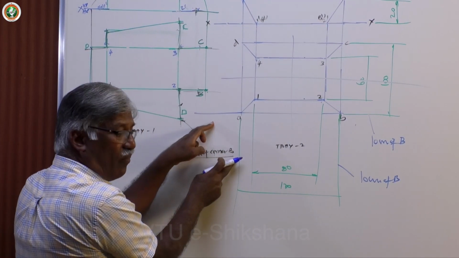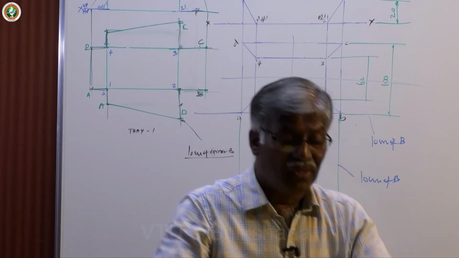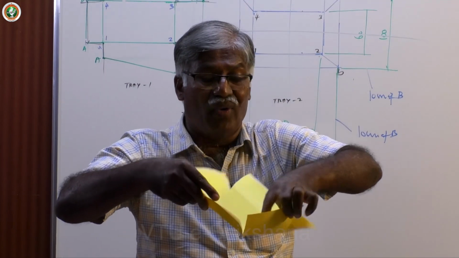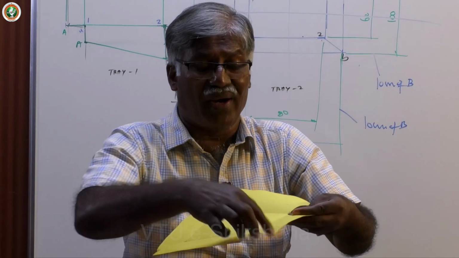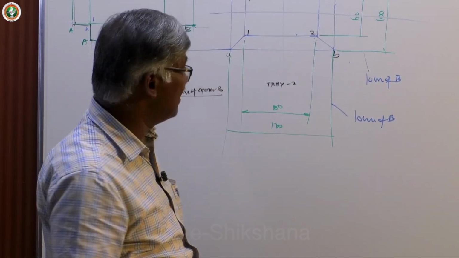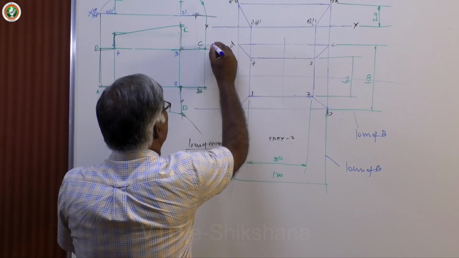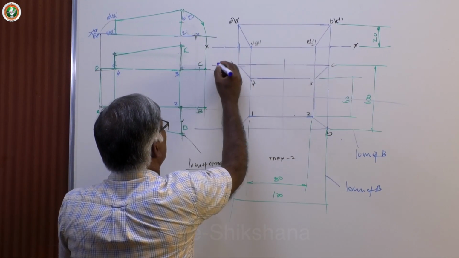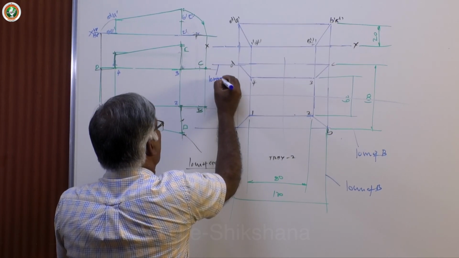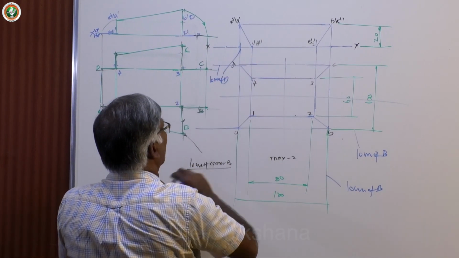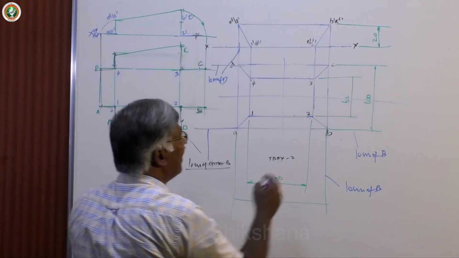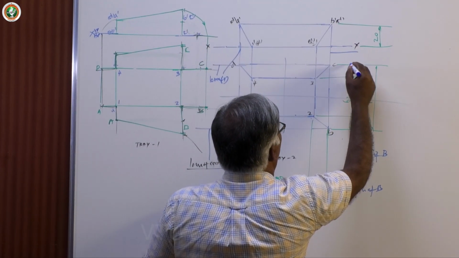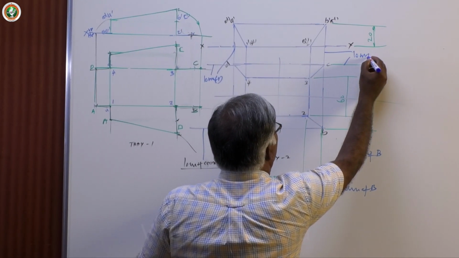Because 2 points will come. If you cut open, this is A, this is 1. If you cut open, then you will get 2 points, A and A. Like that, B, B, C, C, and D, D. Now, I can just say this is the locus of D, and this is also the locus of D. Similarly, this one. Again, these two are the locus of C.